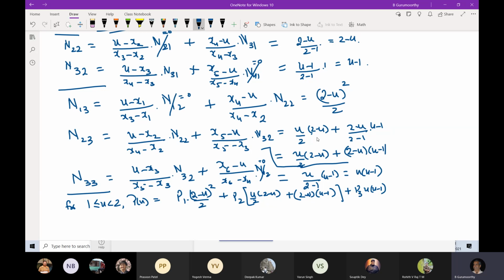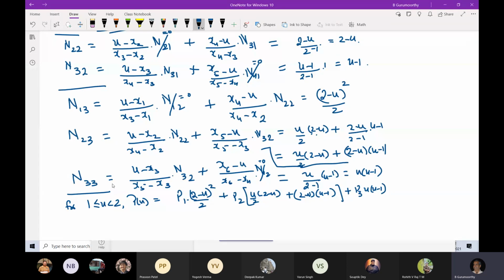The first one is u by 2 minus 0. So that is u by 2. And N22 is 2 minus u, so that goes here. And the second term is x5 is 2, so 2 minus u by 2 minus 1. And N32 is u minus 1, so that's the expression I get. u by 2 into 2 minus u plus 2 minus u into u minus 1.